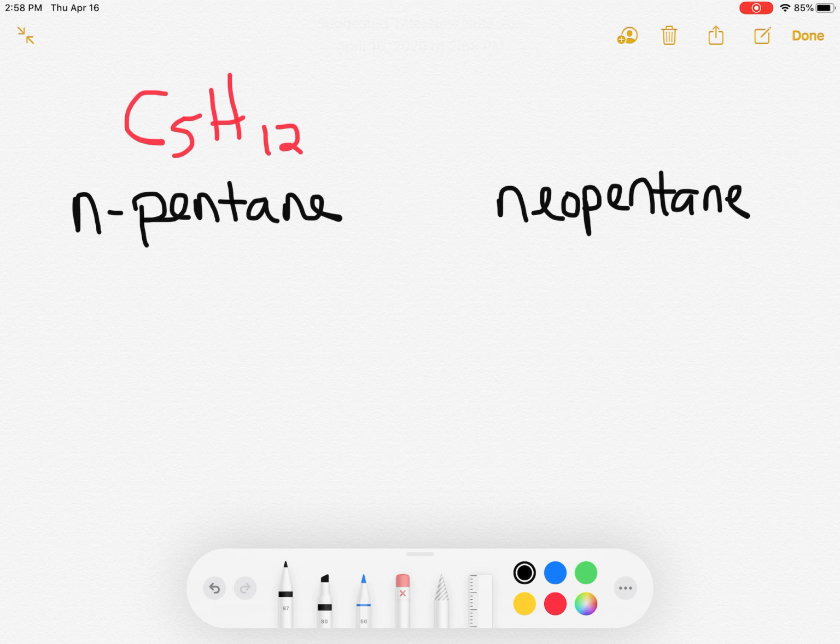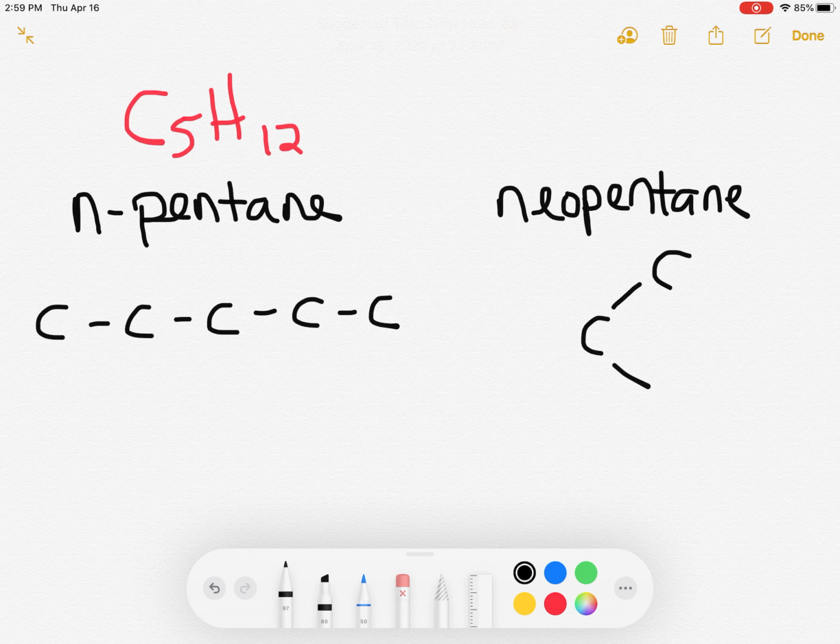So both of these molecules have C5H12. They're just arranged differently. So in n-pentane, we would have a carbon chain. And for this one, we would have a ball of carbon, basically.